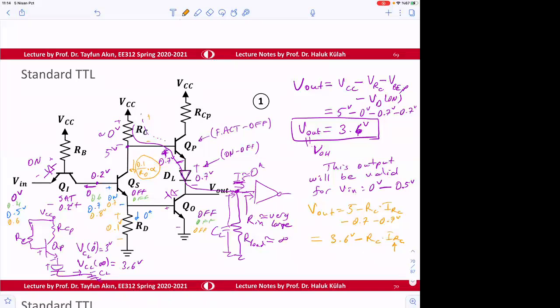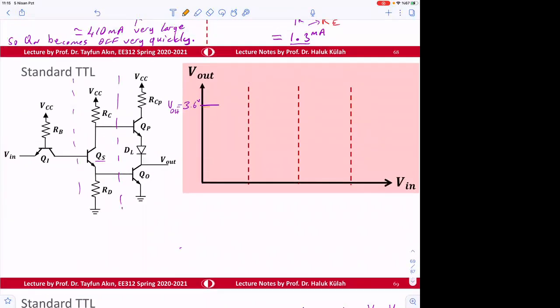IRC is, in fact, alpha times IRD. What is IRD? It is 0.1 divided by RD.